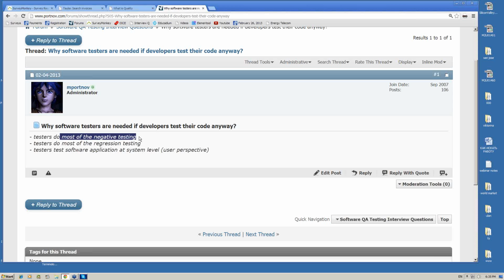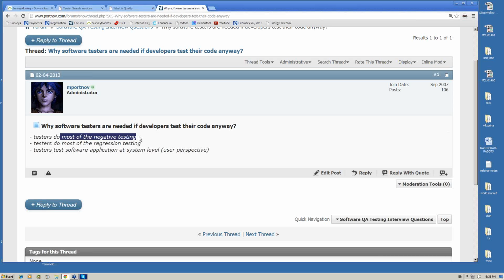And negative testing is much larger in volume than positive. Negative testing is very often neglected because we just do not have enough time to do negative. For one positive test, we might need 10, 15, 20 negative ones. So we just do not have time for that. Developers definitely do not have time for that. So negative testing is done primarily by testers. That is why, number one.